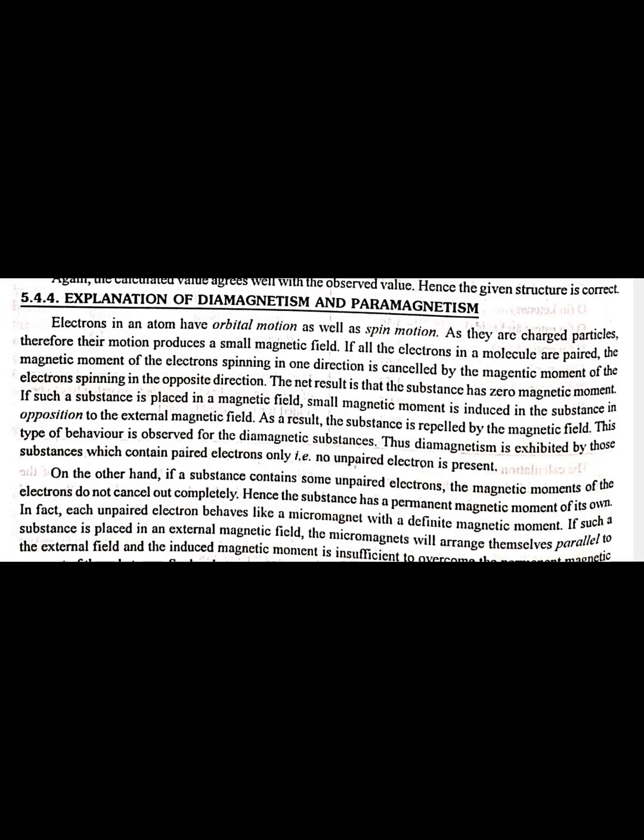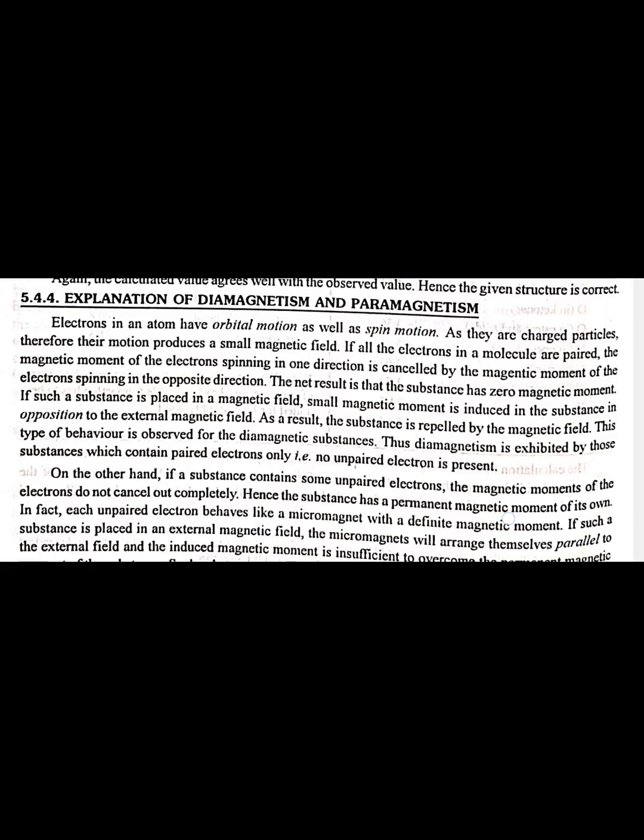Explanation of diamagnetism and paramagnetism. Electrons in an atom have orbital motion as well as spin motion, and as they are charged particles, their motion produces a small magnetic field. If all the electrons in the molecule are paired, the magnetic moment of the electron spinning in one direction is cancelled by the magnetic moment of the electron spinning in the opposite direction. The net result is that the substance has zero magnetic moment.